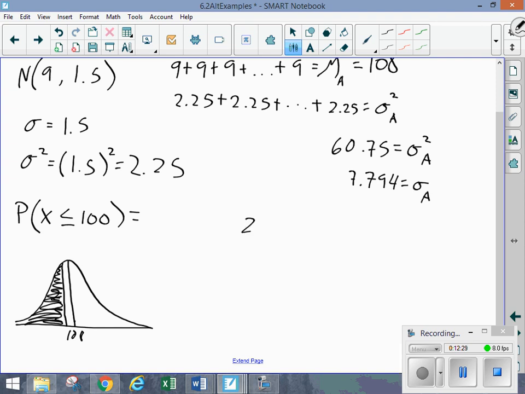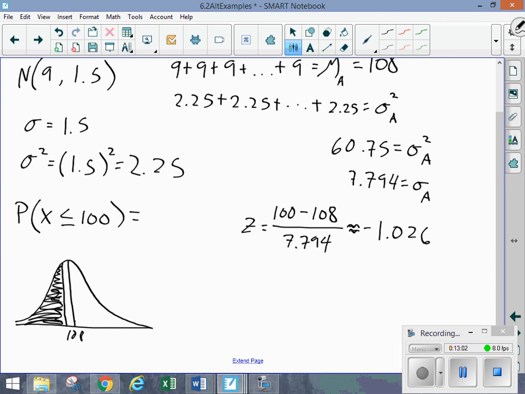We'll calculate the standardized value, x minus mu divided by sigma. That is going to be negative 8 divided by 7.794, which is going to be negative 1.026.